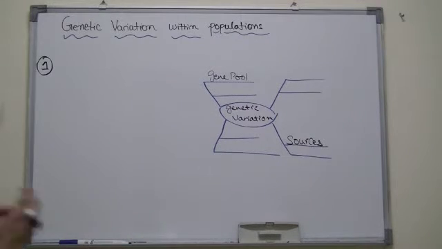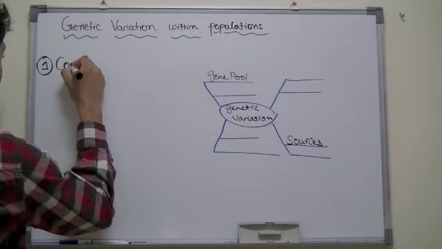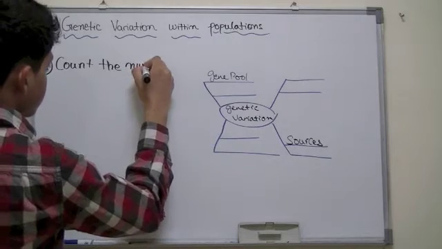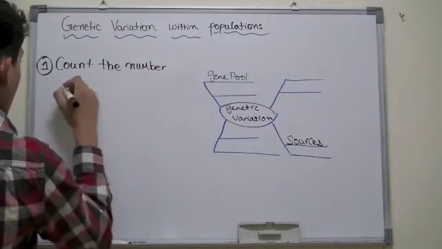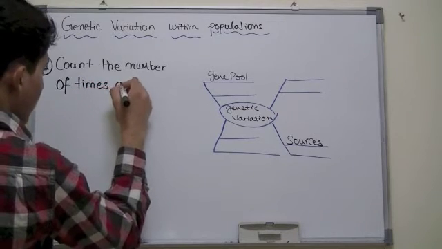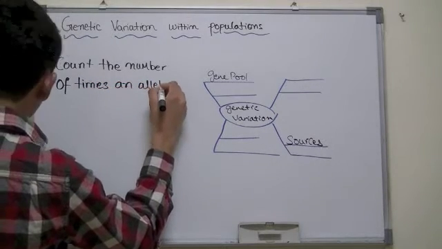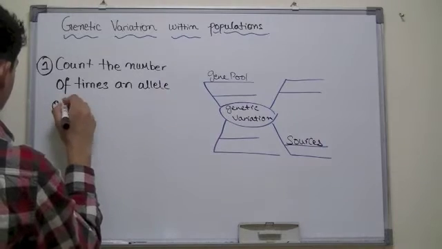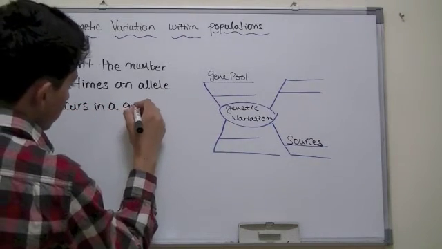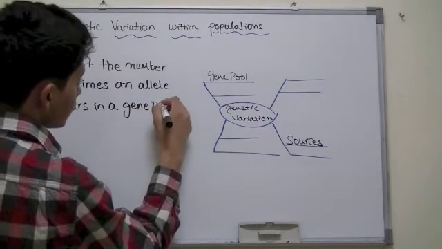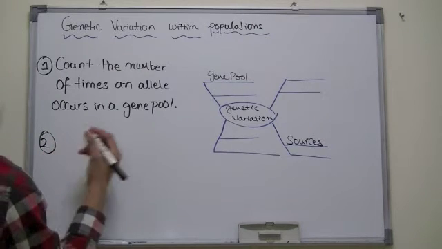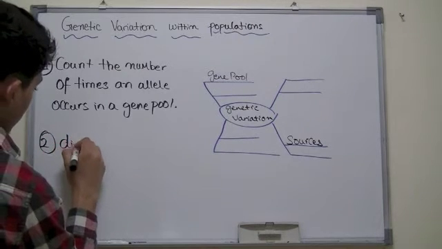The first step is to count the number of times an allele occurs in a gene pool, because gene pool is important as well. The second step: there are basically two steps.